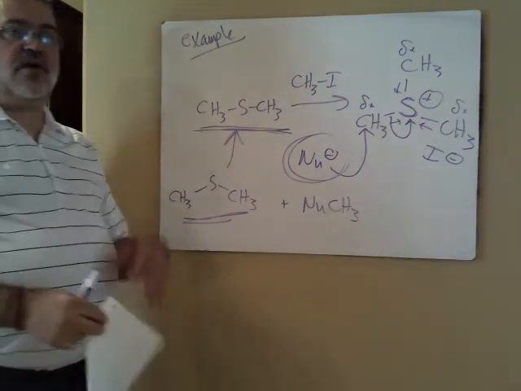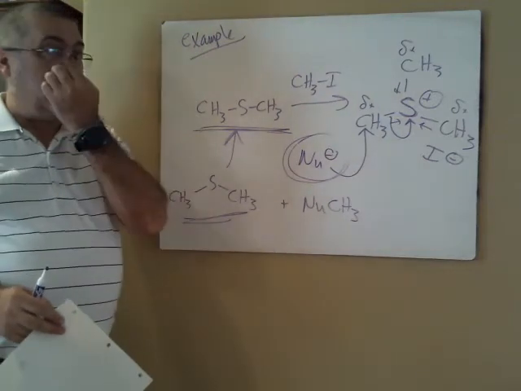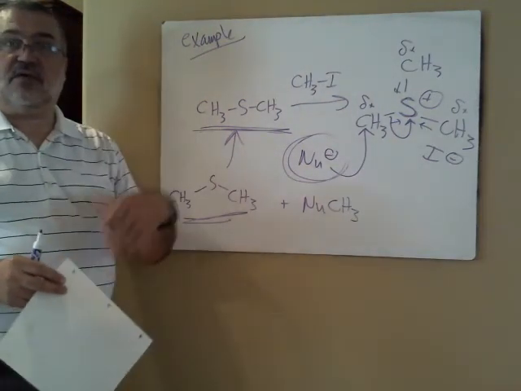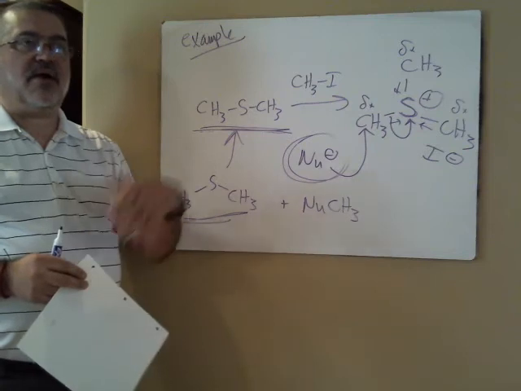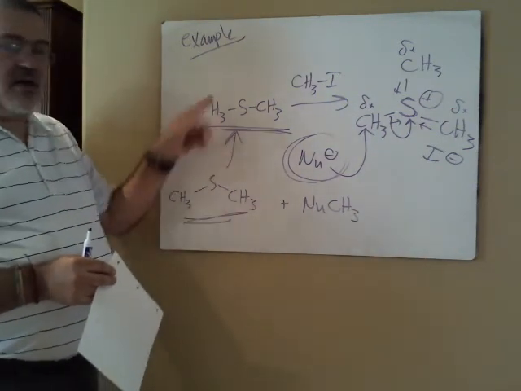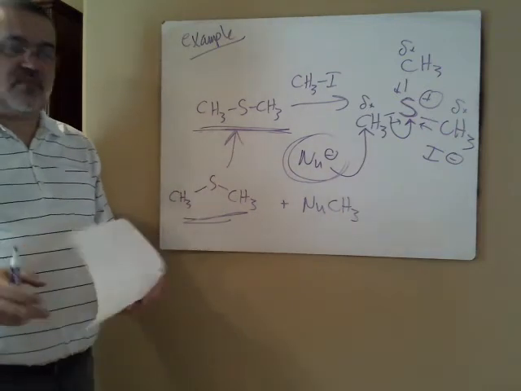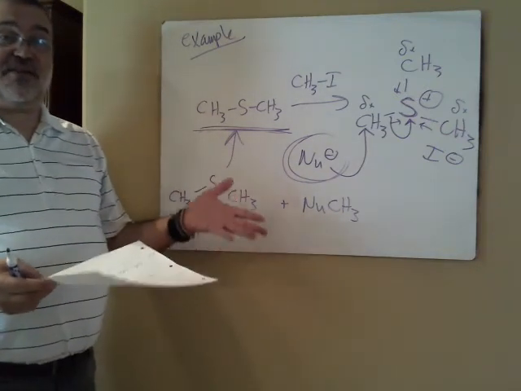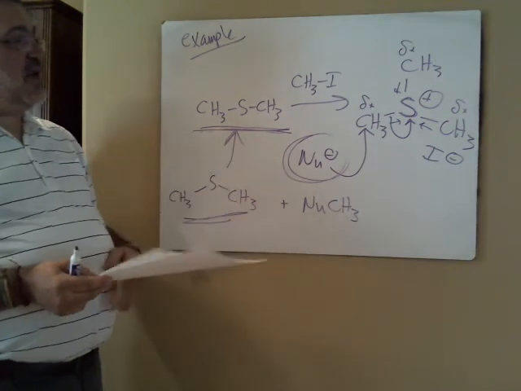So this sulfide keeps being regenerated. Reactions in the body, you don't want to destroy compounds as reactions are occurring. You always want them to be regenerated. So this reaction is not only good synthetically in the lab, but it's also what happens in the body when you do alkylations.